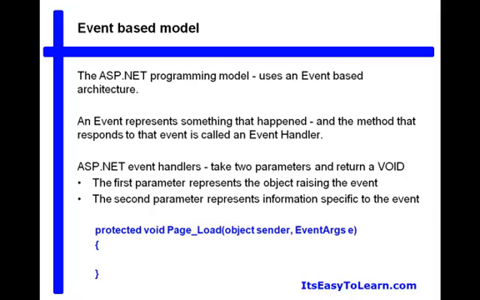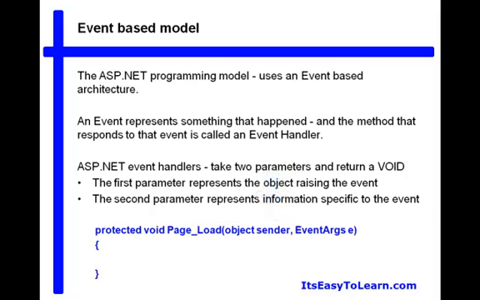All ASP.NET event handlers take two parameters and return void. The first parameter represents the object which is raising the event, and the second parameter represents information which is specific to the event.